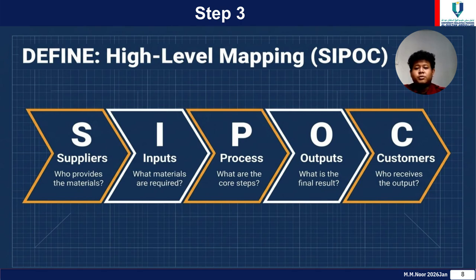We define who provides our raw materials, what precise inputs are required, the macro level process steps that transform those inputs, the resulting output, and finally, the internal or external customers who receive the final result. This macro map ensures that the project teams understand every single boundary and variable before a single tool is touched.